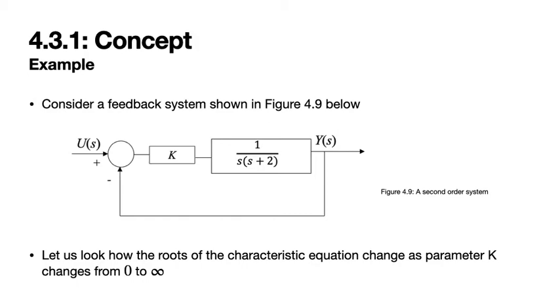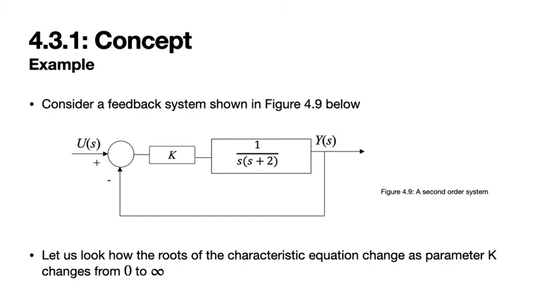For this system, the closed-loop transfer function will be kG, which is k times 1 over s times (s plus 2), over 1 plus k times 1 over s times (s plus 2).